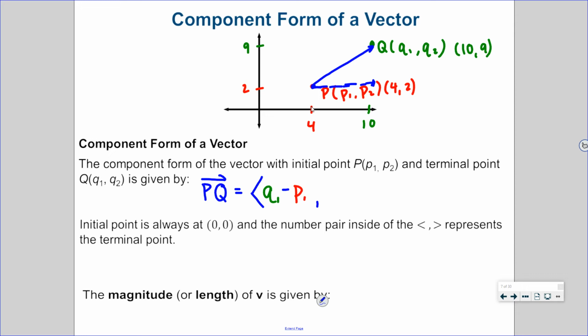That will be my horizontal component. And then to figure out the vertical component, we would take Q2 minus my P2. And then you put that in an angled bracket again.